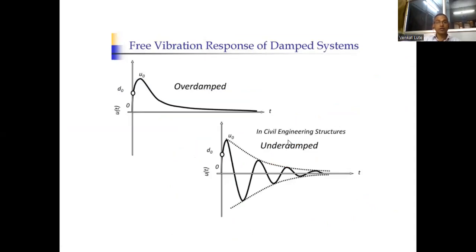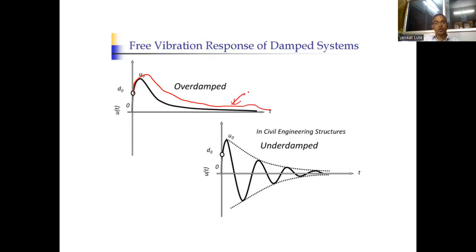This over damping, look here. There is no vibration at all in the over damping, and critical damping is also something like this. It takes longer time to come to rest, but it is not going to cause any vibration.